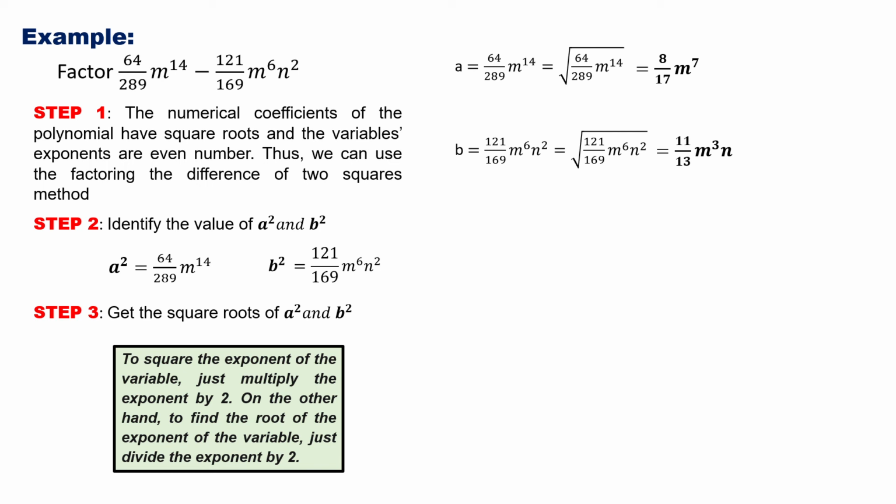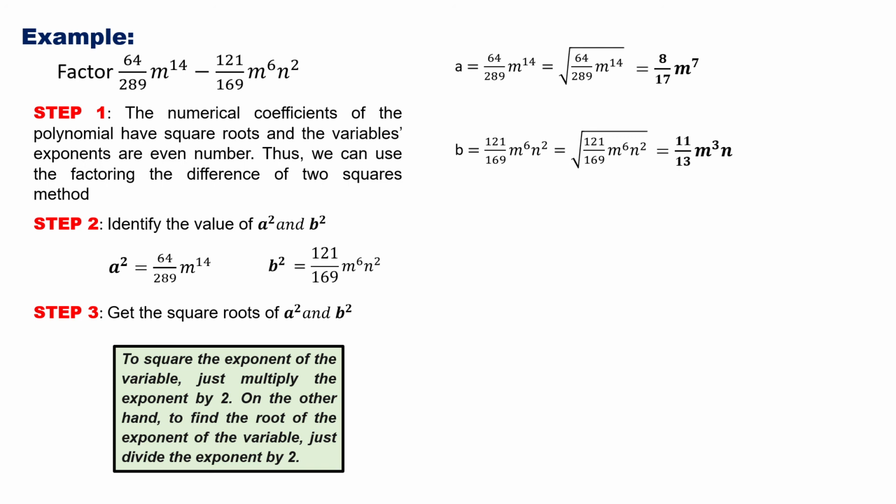Now for our variable m, its exponent is 6, so we need its square root, so let us divide 6 by 2. The answer is 3. So therefore, m raised to the power of 3 is the square root of m raised to the power of 6. Now to get the square root of n squared, 2 divided by 2 is equal to 1. So the square root of n squared is n.